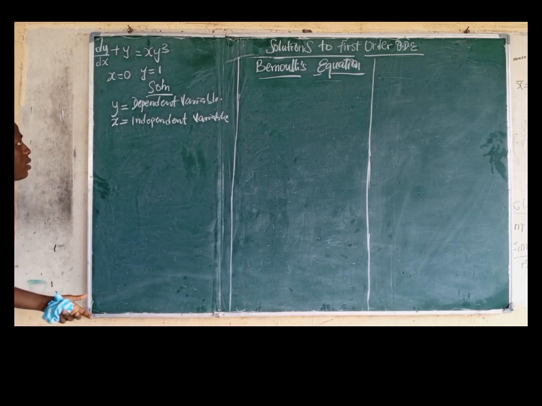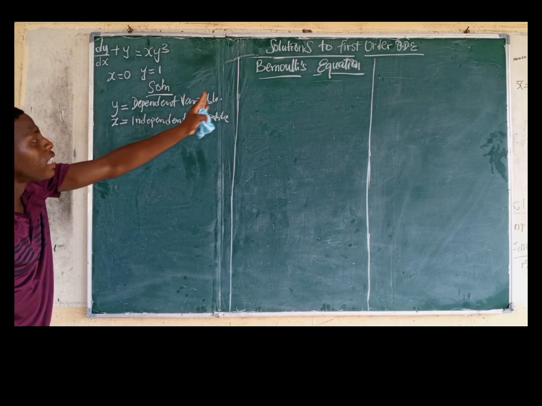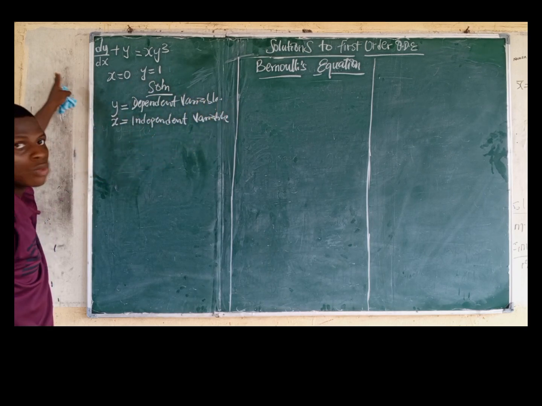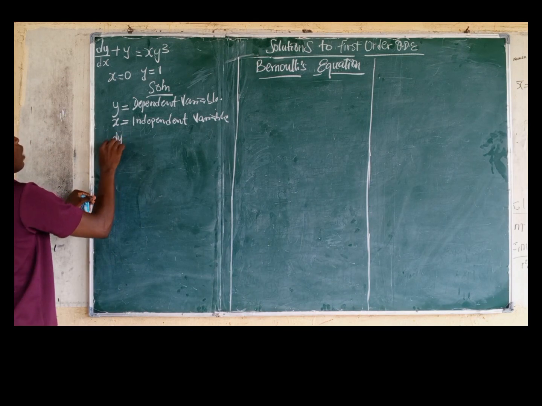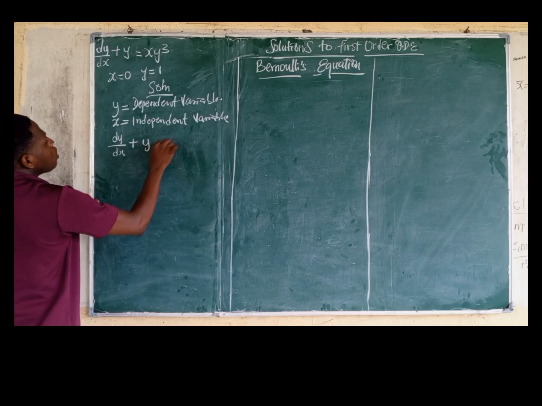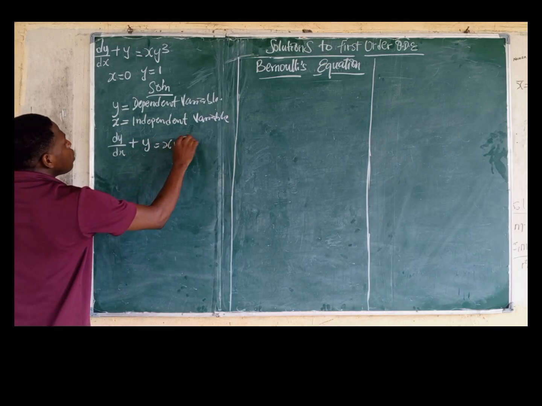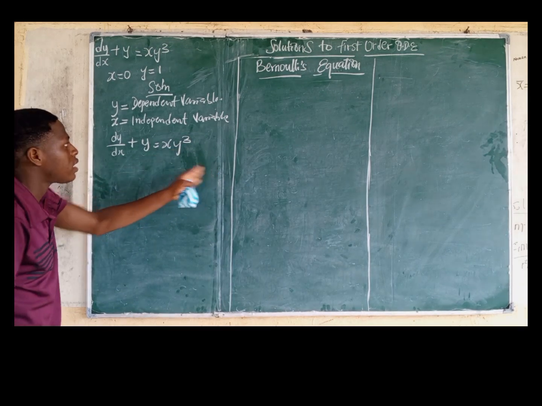Now what's the next thing? The next thing is use your dependent variable on the right hand side of the equation to divide through. So let's do that. We have y over x plus y equal to x y raised to the power of 3. So we are using y^3, that's the dependent variable on the right hand side of this equation.